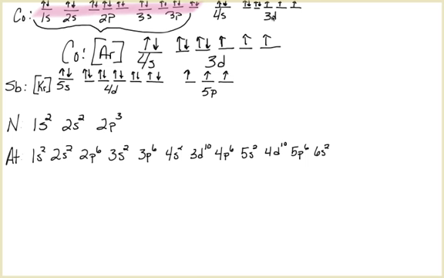And then we're going to drop down, and if you look very closely at the periodic table, after barium, number 56, we go through the f block. So we're going to have 4f14. Now the reason why it's 4f is because just like the d, the f is going to be 2 less than what the period number is. So those elements, cerium through lutetium, those are all part of the 6th period.